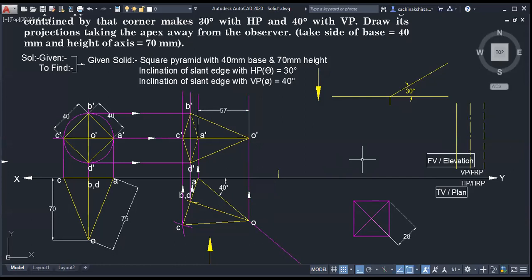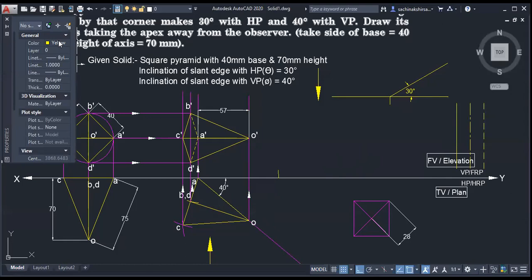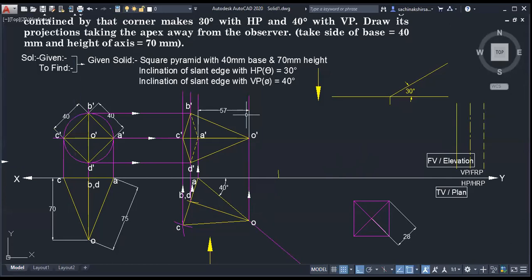From the end point, we have to draw a locus now. Again, we draw one horizontal locus from this. Now the apparent length is known to us. How much is the apparent length? 57.